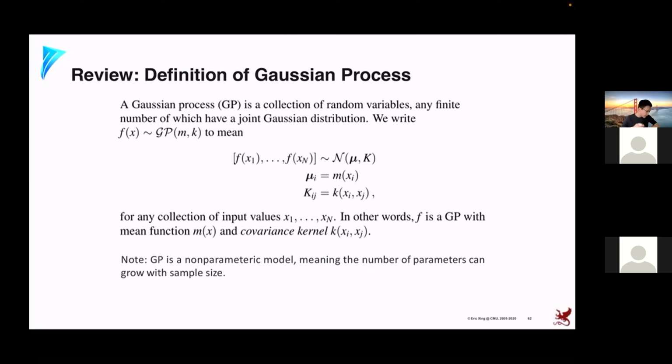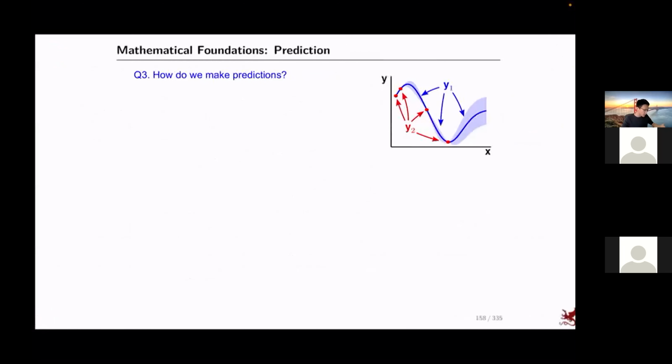So this makes the Gaussian process a non-parametric model, because when we apply it on our own data set, the parameters, meaning here the mu and the k, actually grow together with the number of samples we have in our data set. So if we collect more data here, we will have more parameters. So we call it non-parametric.